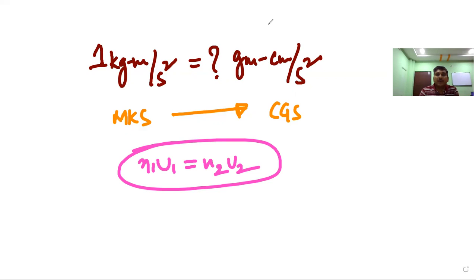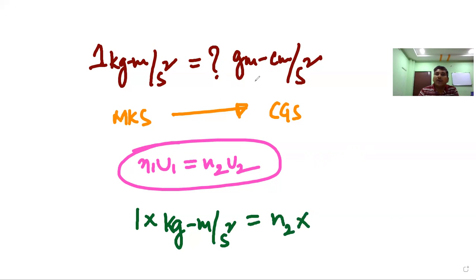So here in this formula, I substitute N1. How many quantities of units? 1. Original quantity is 1. 1 into, what are the units? Original quantity kg meter per second square, which is equal to unknown quantity N2 into the units in which I want to convert, gram centimeter per second square.